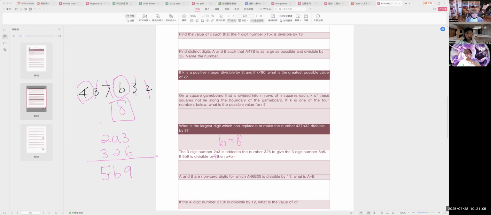Because this number is divisible by 9, B must be 4, so A equals 2, so A plus B equals 6, correct?